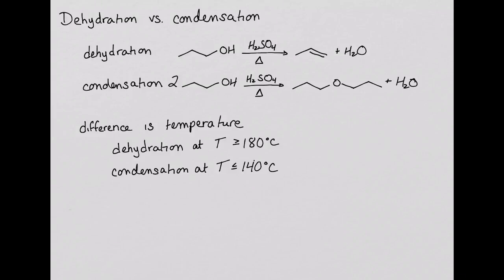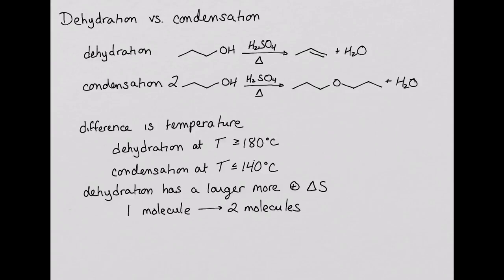The reason for this difference is an entropic one. Dehydration has a larger, more positive delta S, or change in entropy. In other words, dehydration has a more favorable entropy change. Remember that entropy is somewhat like disorder, and the dehydration reaction involves one molecule of reactant forming into two molecules of product.